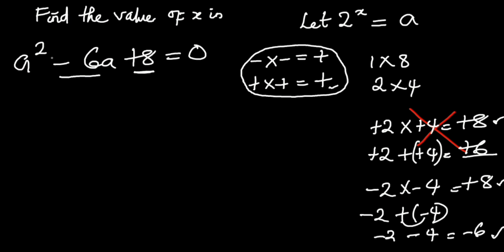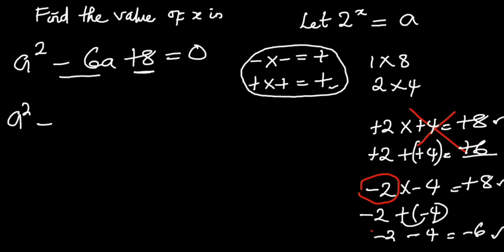Solving a quadratic equation by factorization is just by grouping. So we're going to replace -6a by those two factors. Rewriting this equation now, we have a raised to the power 2, then minus, the first factor there is -2. Are you seeing that now?